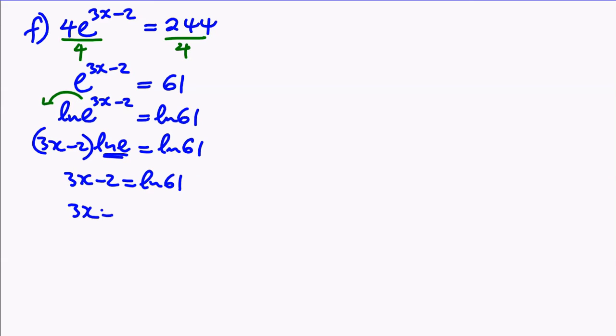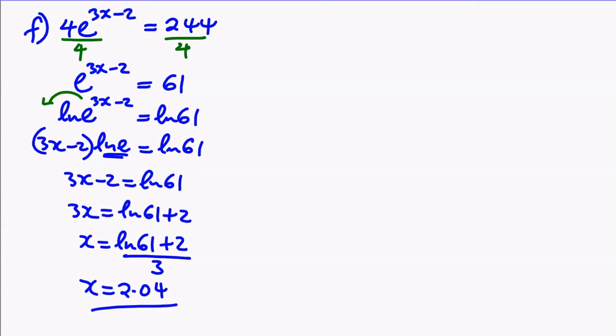So 3x will be ln 61 plus 2. So x will be (ln 61 plus 2) over 3. And if you plug that in your calculator, you should be able to get 2.04.